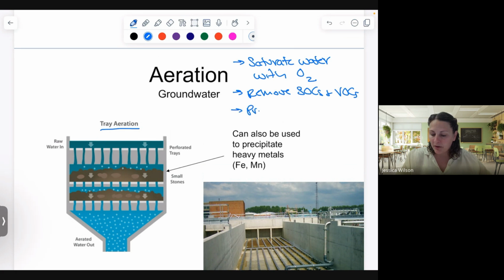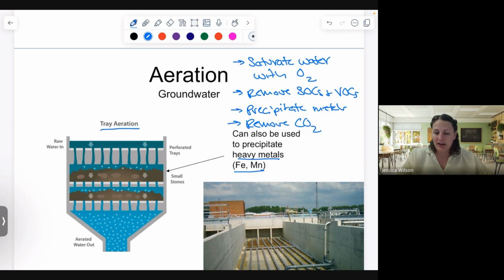We can also precipitate those heavy metals, which I also have written down right here. And another added benefit of aeration is that it can remove another gas, which I mentioned in the last lecture, which is carbon dioxide.